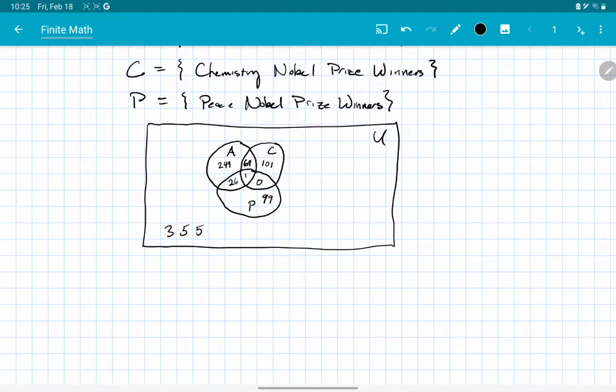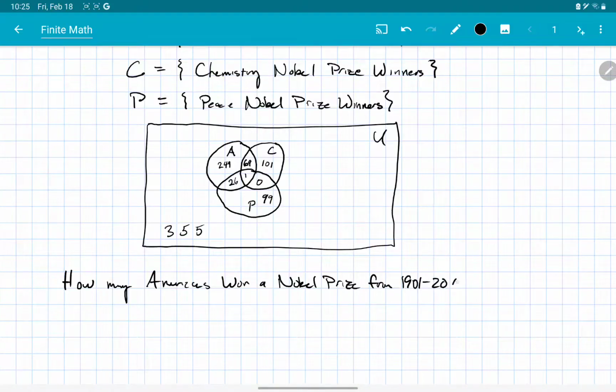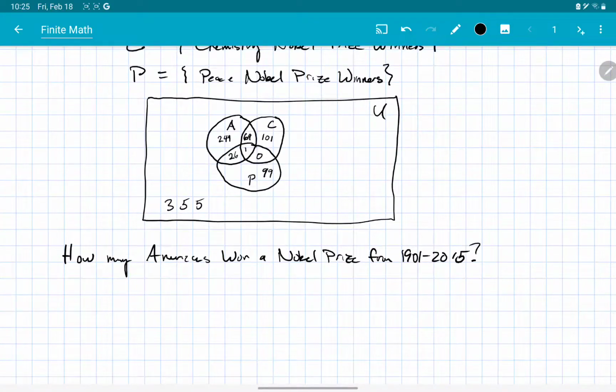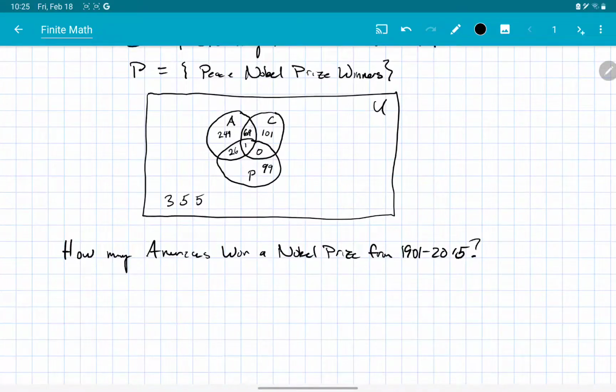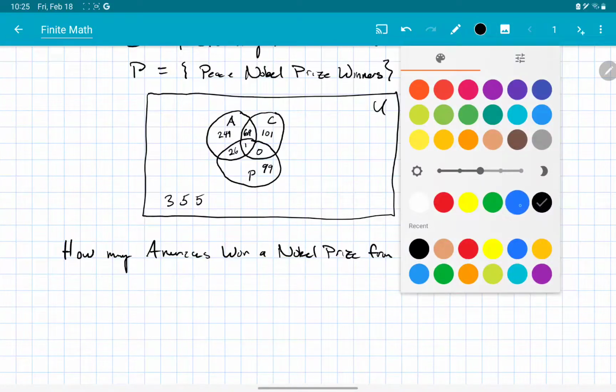Now I can ask questions, and we can answer them by looking and adding up different sectors. So one question would be, how many Americans won a Nobel Prize from 1901 to 2015? Okay, we can answer that question, right? The Americans is set A. And set A, we can see, has 4 basic regions which make up set A. Right? I'll underline them here.